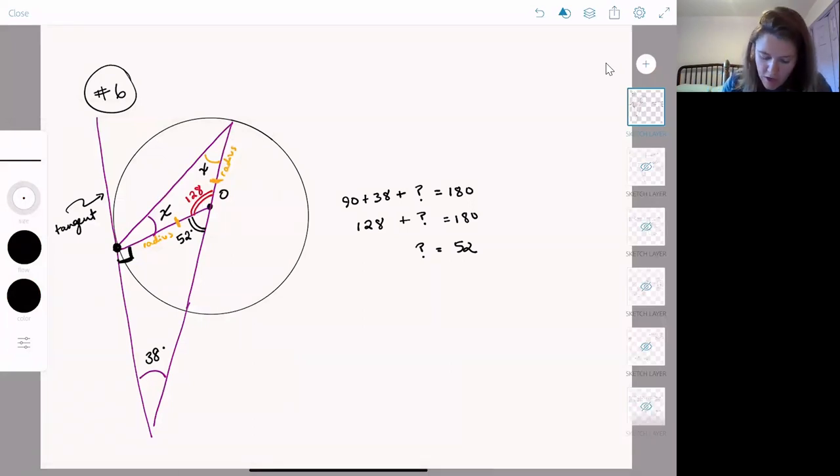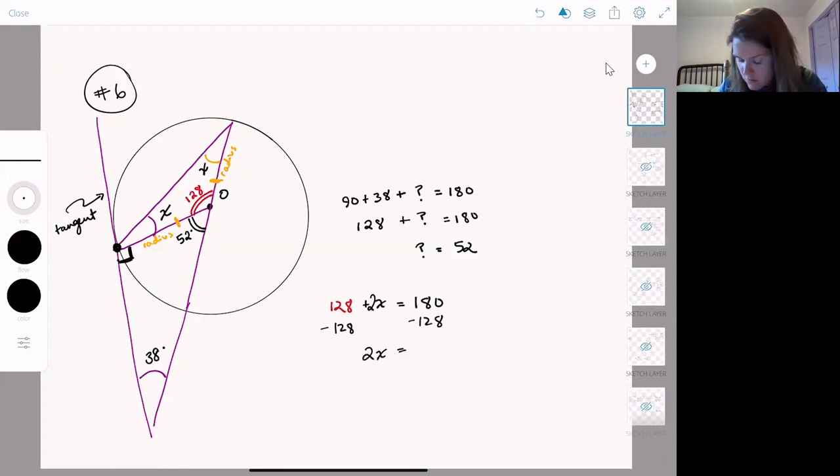So if I have 128 plus 2x, I know that it has to equal 180 degrees. Subtract 128 from both sides. Divide both sides by 2. And x equals 26.